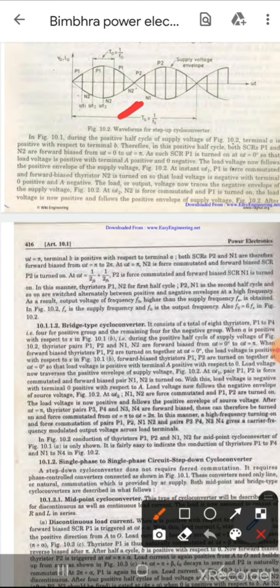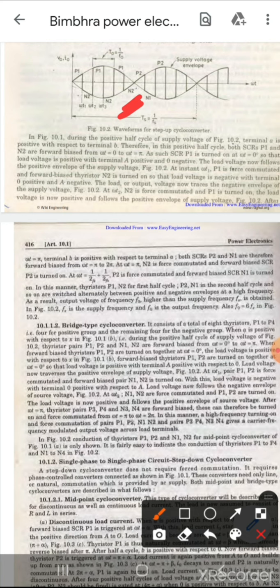At omega t equal to pi, terminal B is positive with respect to terminal A. Both SCRs P2 and N1 are therefore forward biased from omega t equal to pi to 2 pi. So at omega t equal to pi, N2 is force commutated and forward biased SCR P2 is turned on.